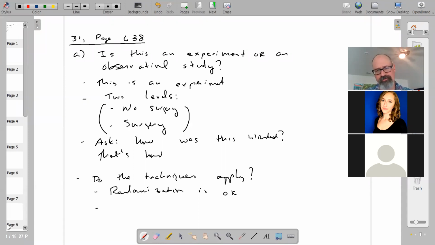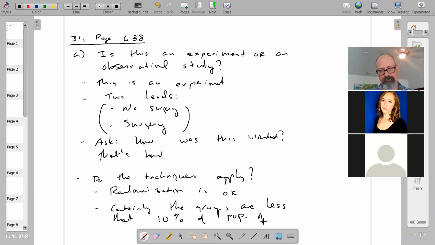Other conditions like the 10% condition, certainly it seems like the groups are far less than 10% of the population of men who get prostate cancer.